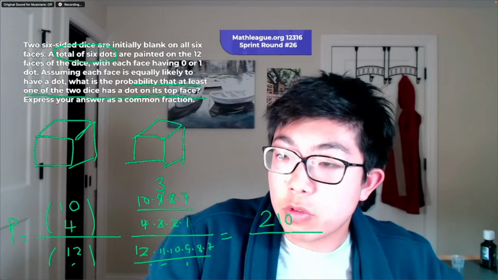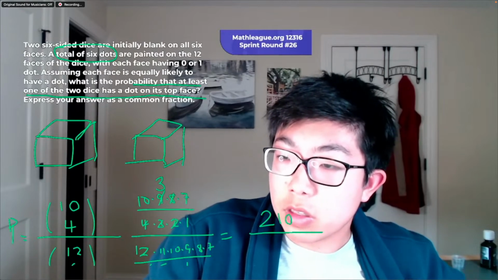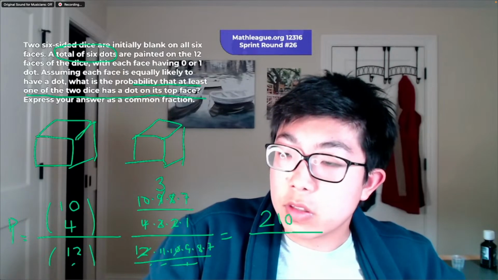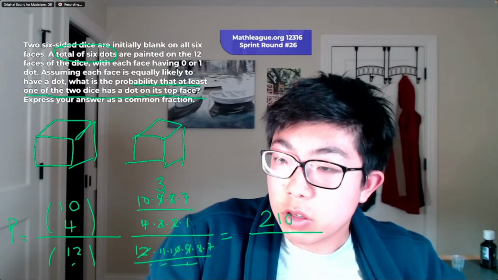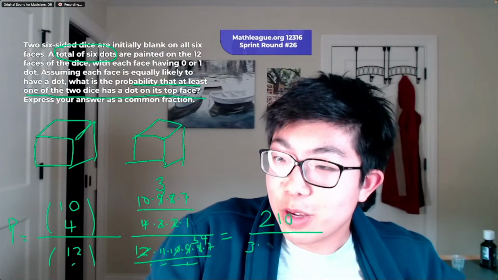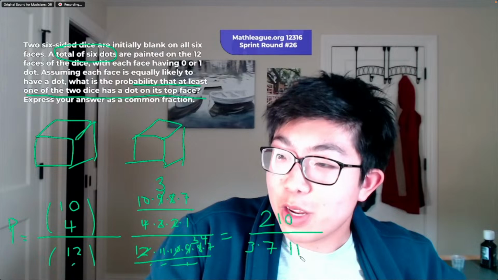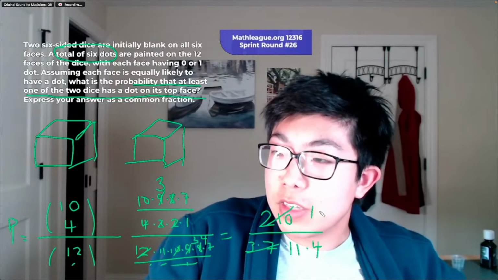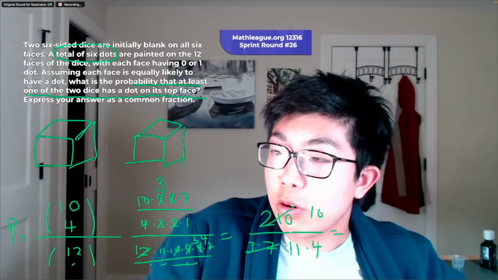And our bottom, this is 720, so that should cancel with this, and we have another 6 left. So this should be 3 times 7 times 11 times 4. And now we can cancel this out, have this 10, and we should get 5 over 22.